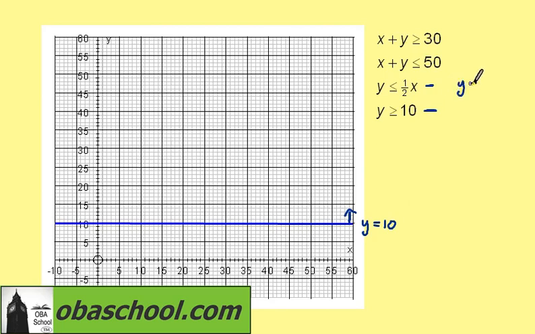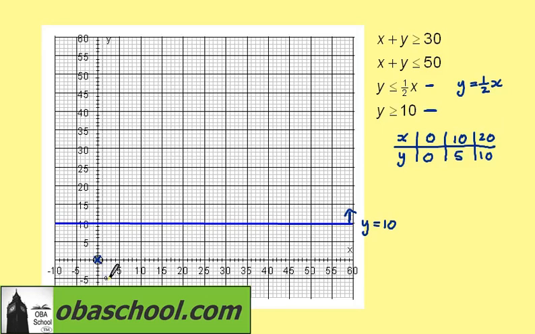Now let's look at Y is less than or equal to a half X. We need to draw the line Y equals a half X. This might require a table of values. If X is 0, half of 0 is 0. If X is 10, a half of 10 is 5. And if X is 20, a half of 20 is 10.